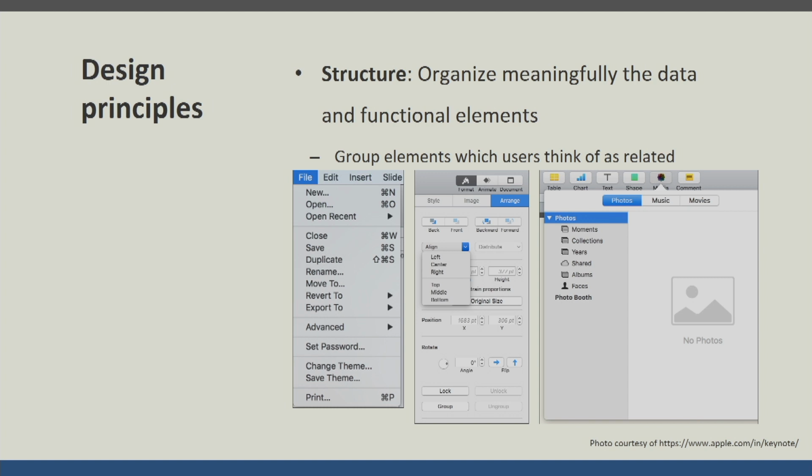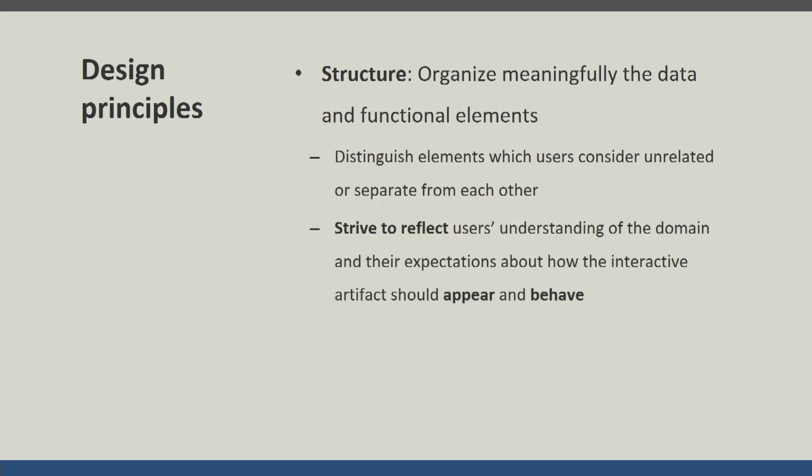And then in the next example, all the functional elements which are about aligning different objects on the screen are grouped together as a category called align. So these are different examples where we have an explicit structuring done by the designer. So that is where structure is a very important design principle.